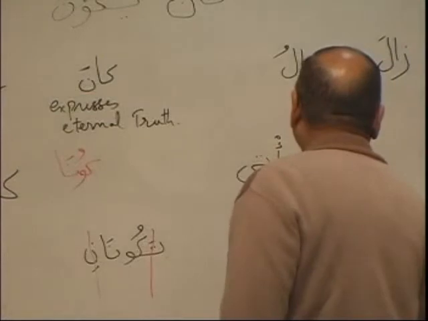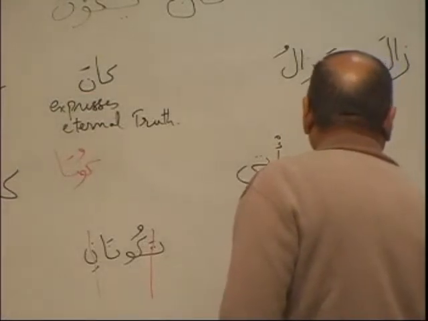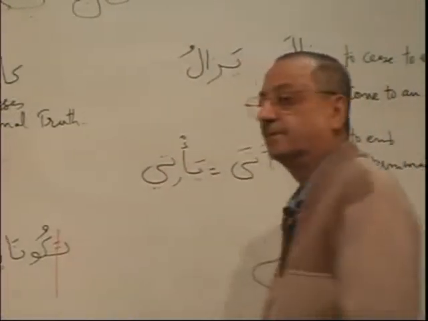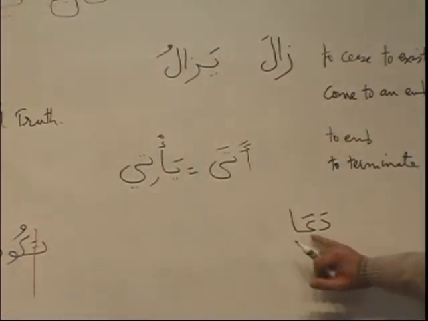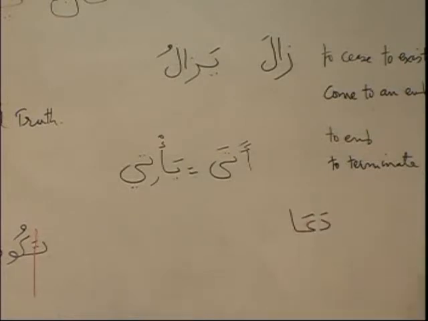And if you see like this, brothers and sisters, what is this? Da'a. Where is fa kalima? Ain kalima. What is lam kalima? It's weak.